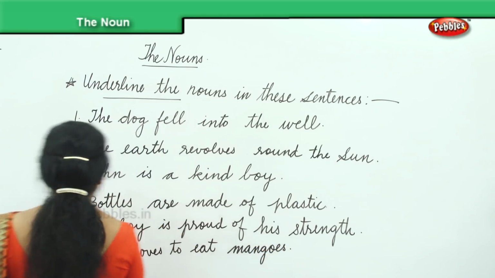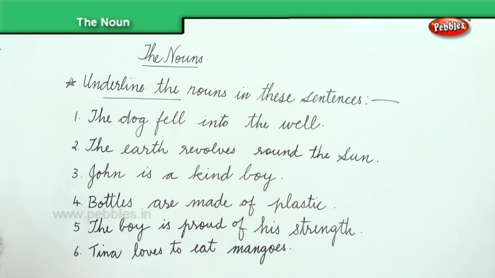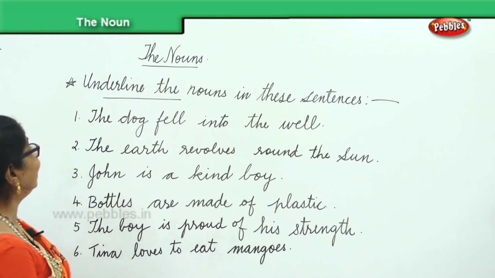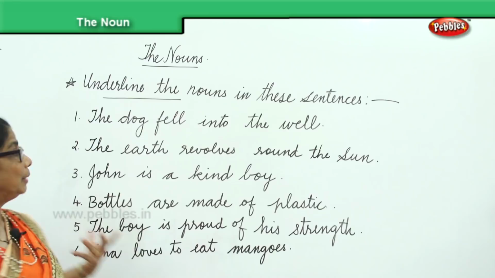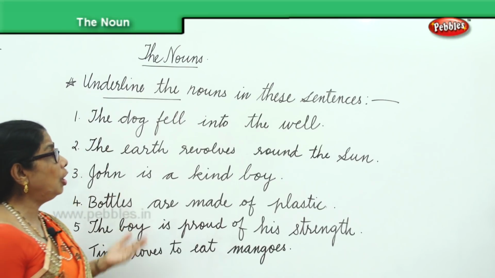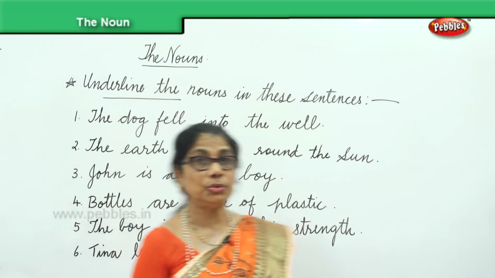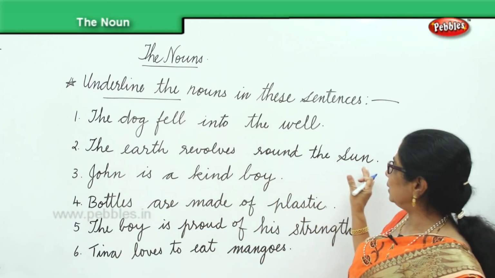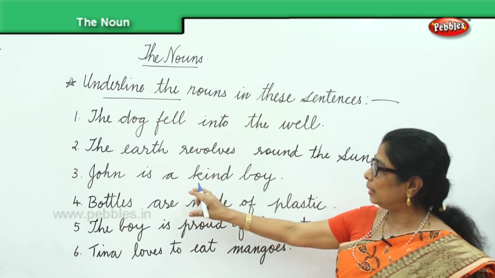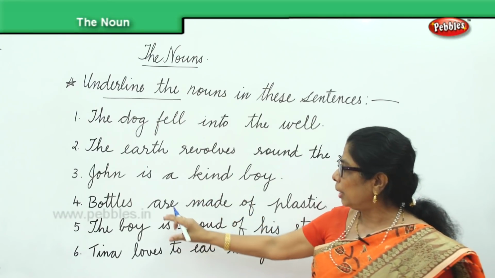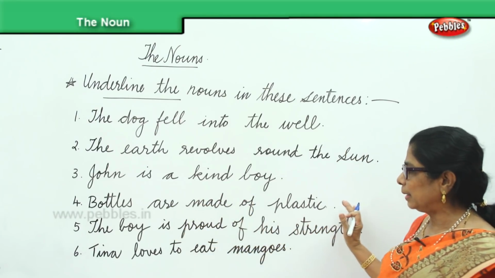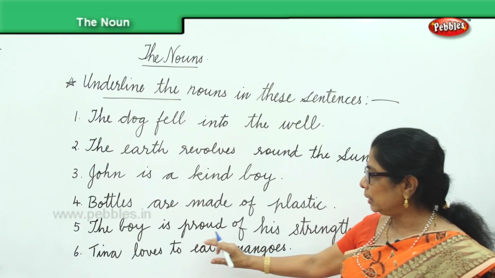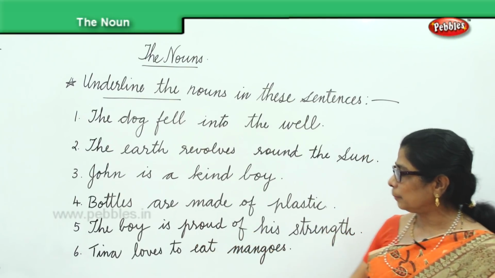Now we have here 6 sentences for you to look at, and we are going to underline the noun that we see here. The dog fell into the well. The earth revolves around the sun. John is a kind boy. Bottles are made of plastic. The boy is proud of his strength.